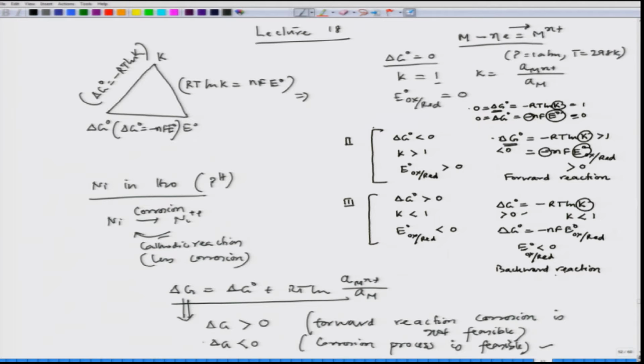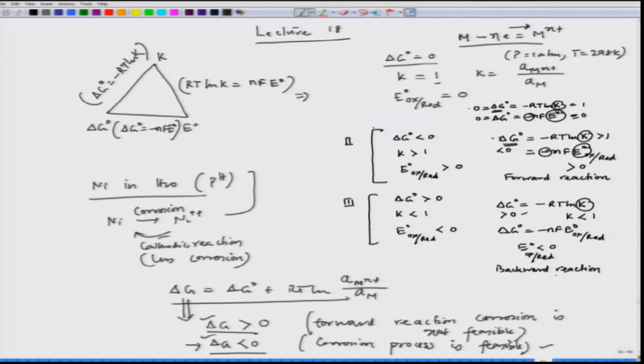Now, our interest would be to find out, with the data set we can generate, whether this is greater than 0 or less than 0 at that particular condition. In order to know this, we have to have a numerical problem, and then we would be really clear that if we have this pH level, this temperature, this pressure level, then we can decide whether a particular metal would corrode in that particular solution.